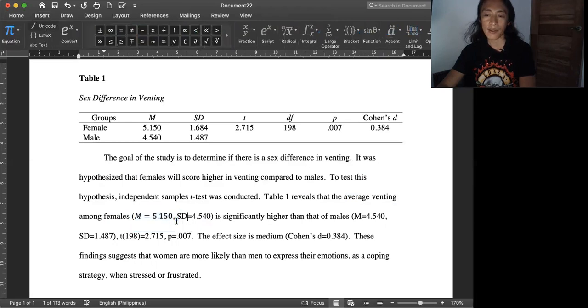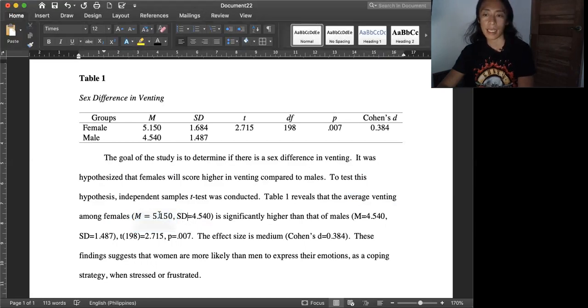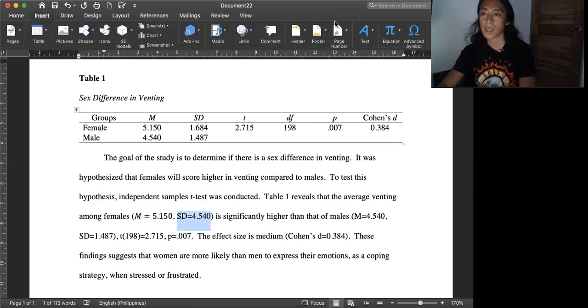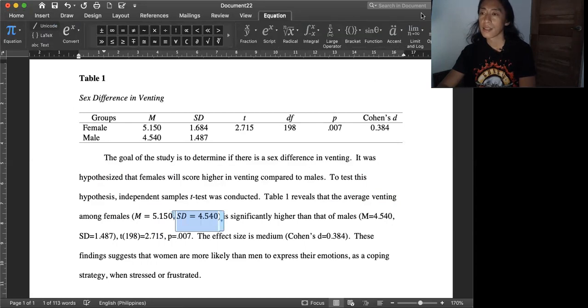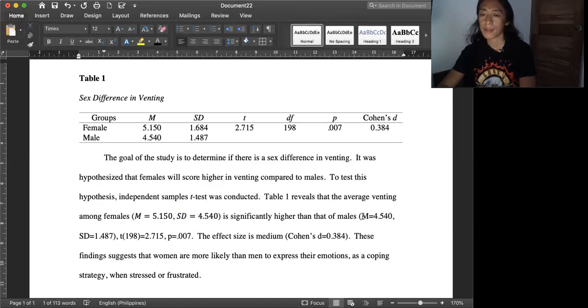It's automatically formatted into what I was saying a while ago, wherein the non-Greek statistical notations have to be in italics. And we can do that for the rest. So go to insert, click on the equation tab for this as well.